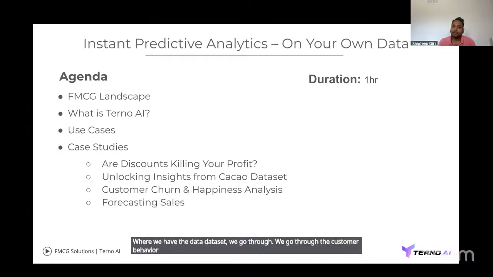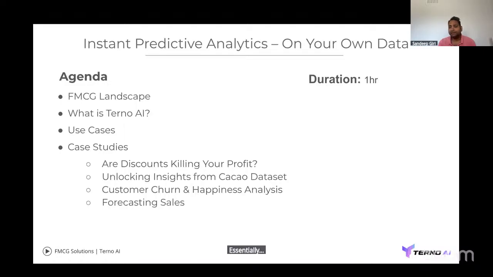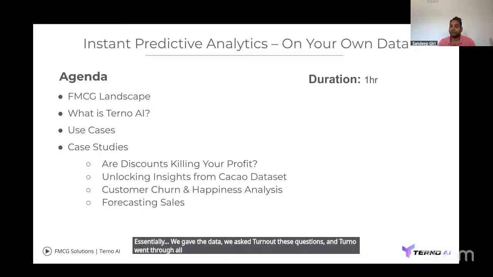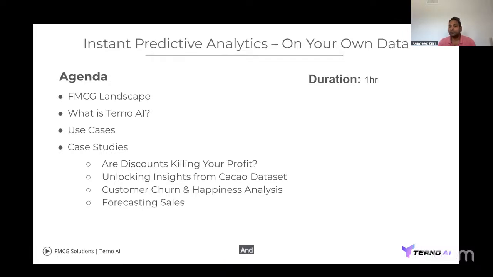All of these case studies are done by Terno. Essentially, we gave the data, asked Terno these questions, and Terno went through all kinds of steps and gave you the results and the entire report. So we will be talking about that.